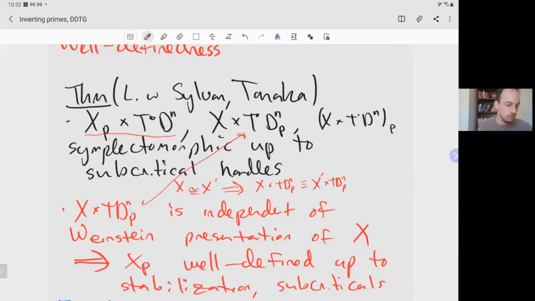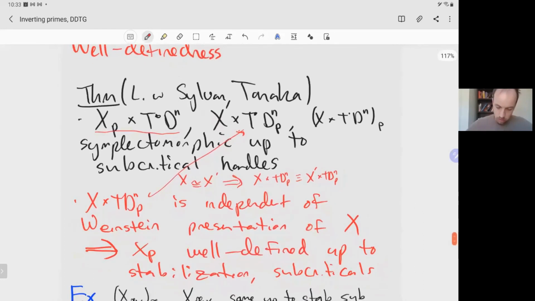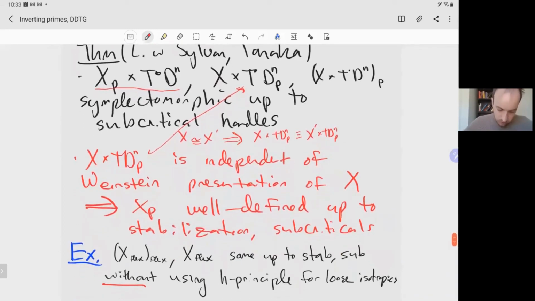Are there any questions? Right. You can also prove idempotence in a similar way.